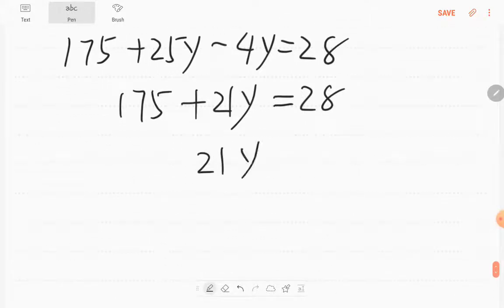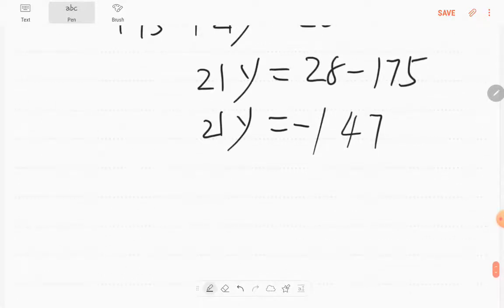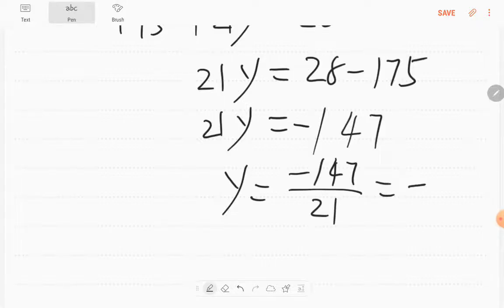So 21y equals 28 minus 175. So this would be negative, a negative number. Okay, so y equals that divided by 21, which is negative 7.